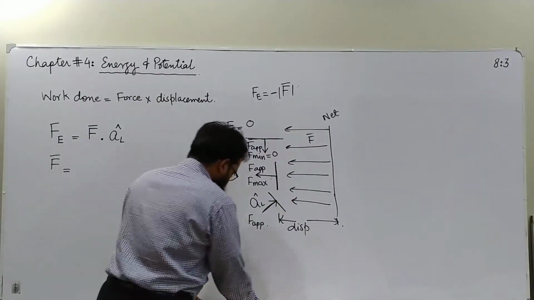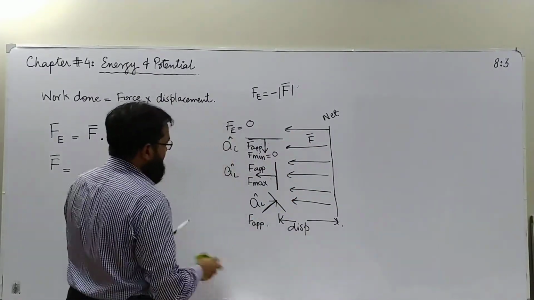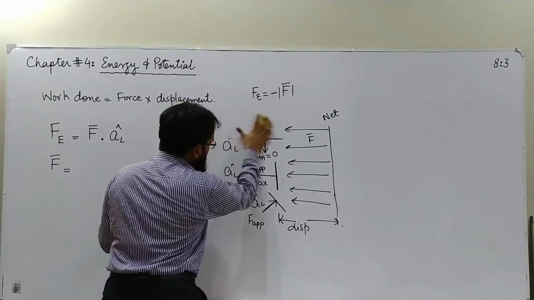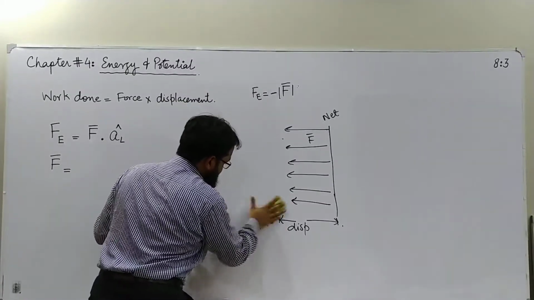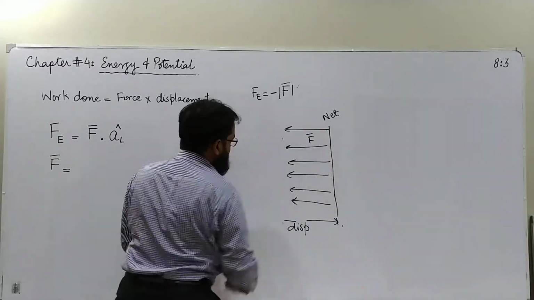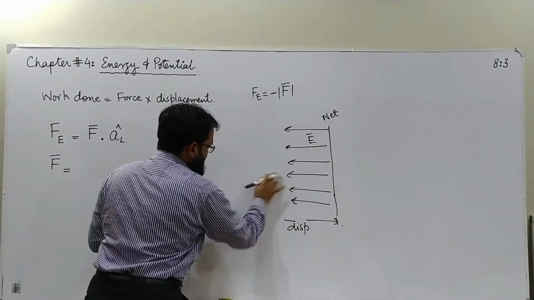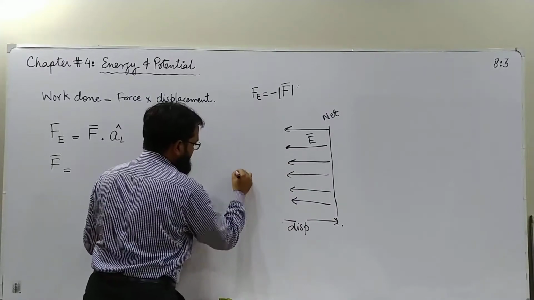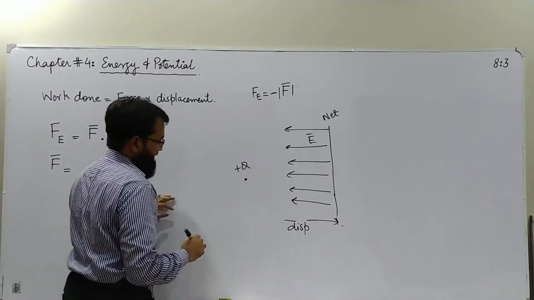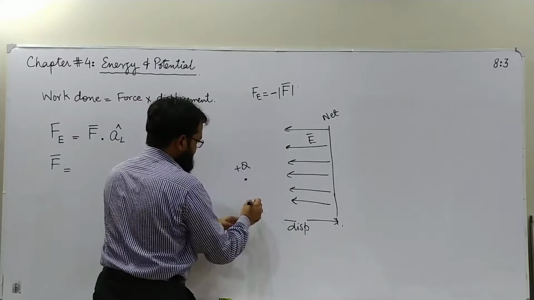If I want to make it an electromagnetic problem, let me consider that this is electric field intensity, and I want to move a positive point charge here in this field.